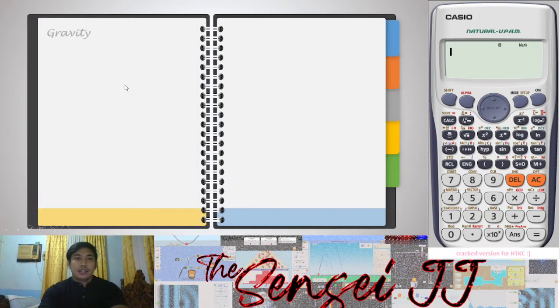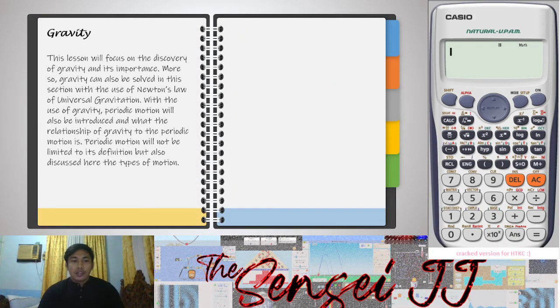Okay, so gravity. This will not be only focused on the lesson of gravity, but also on periodic motion. So we will be using here Newton's law of universal gravitation.